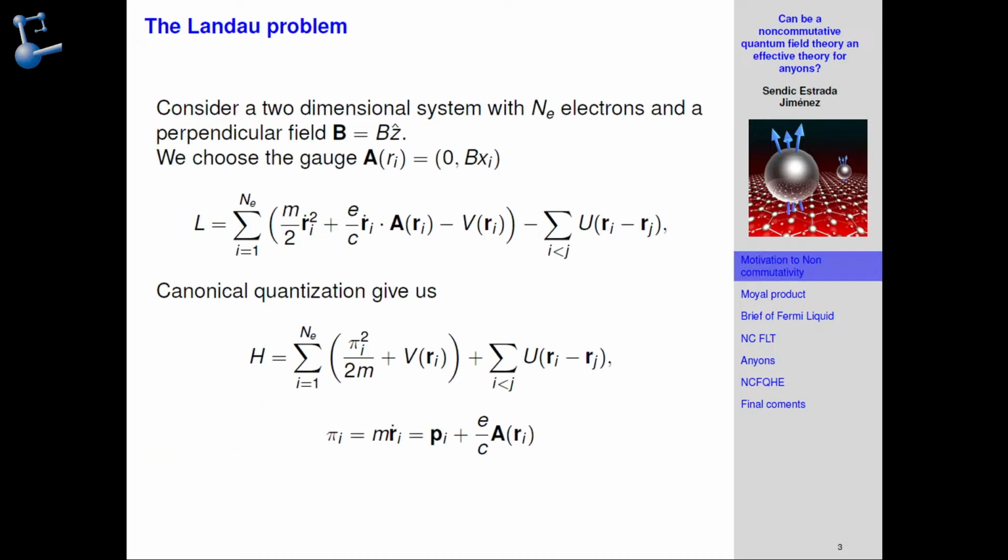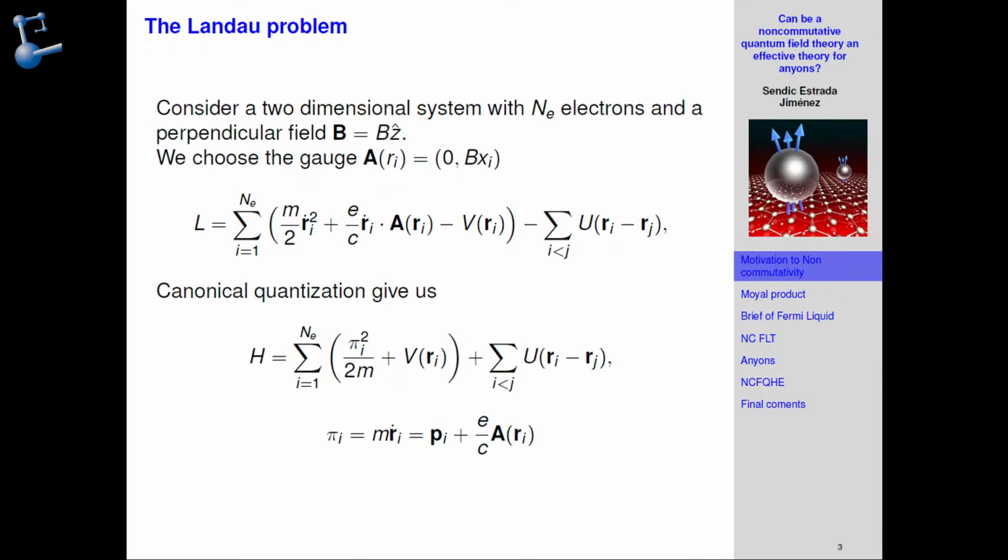Well, first, we consider two-dimensional systems with electrons in a perpendicular magnetic field. We choose the Landau gauge, and we construct a classical Lagrangian.